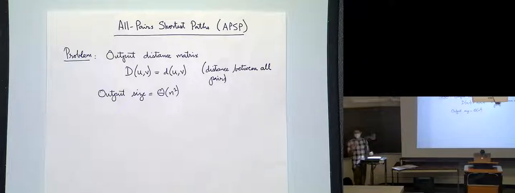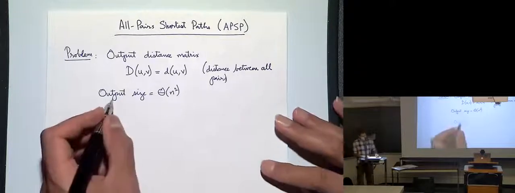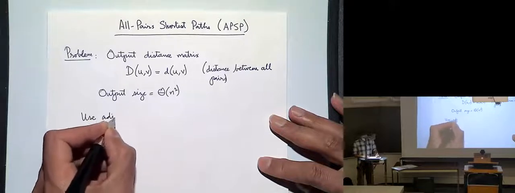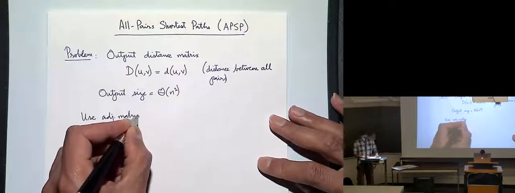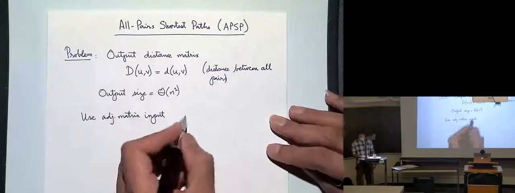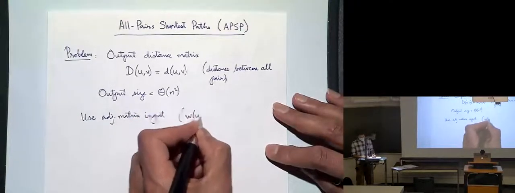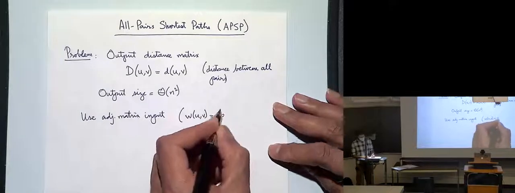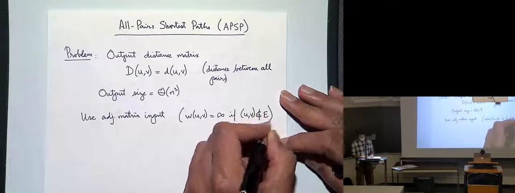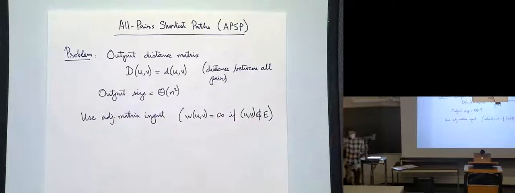The output itself is quadratic, so we might as well think of the input as quadratic. There's no need to use an adjacency list. So typically, we will use an adjacency matrix input. And what we can do is set the weight of UV to infinite if UV is not in E. If there's no edge, then the weight is infinite.